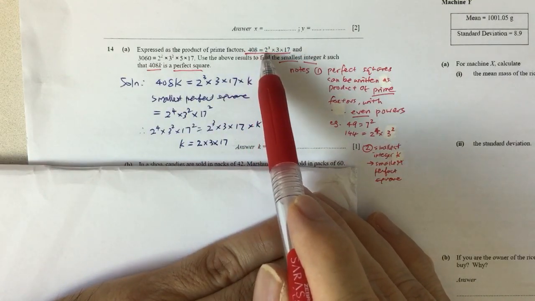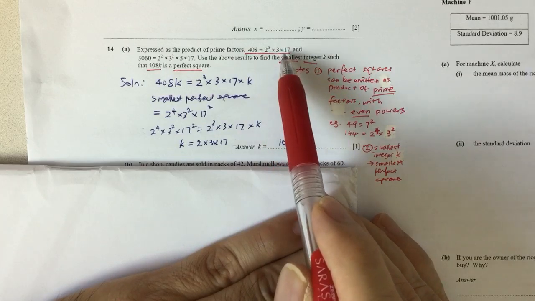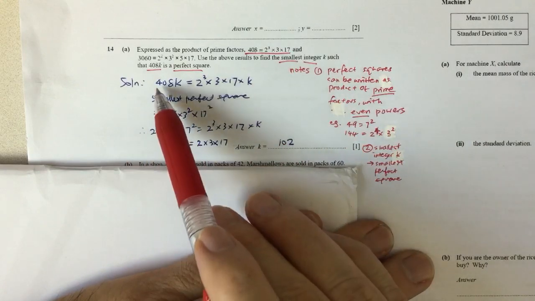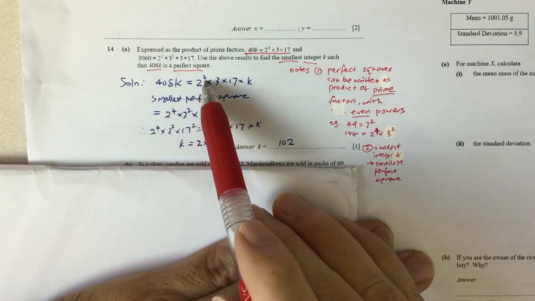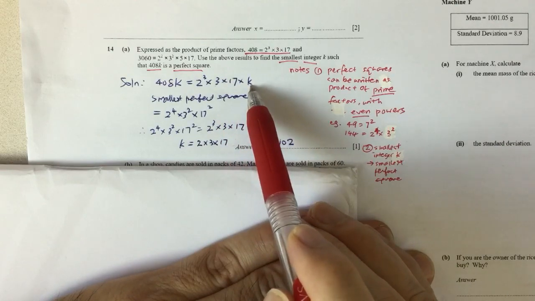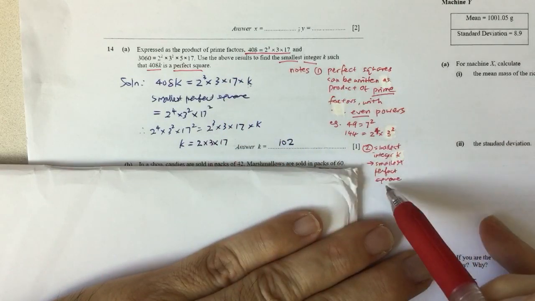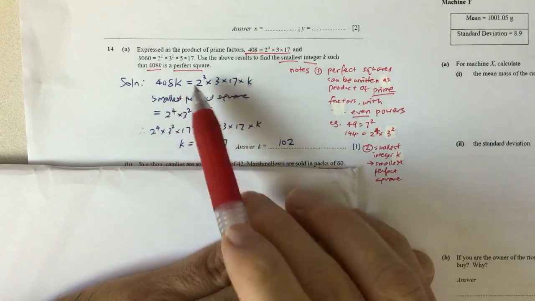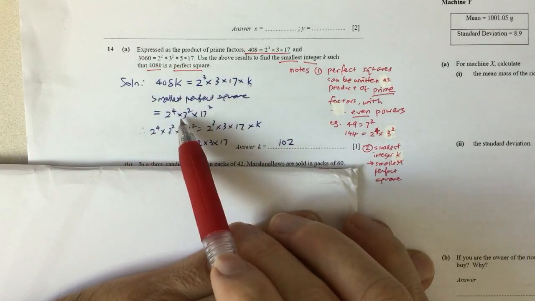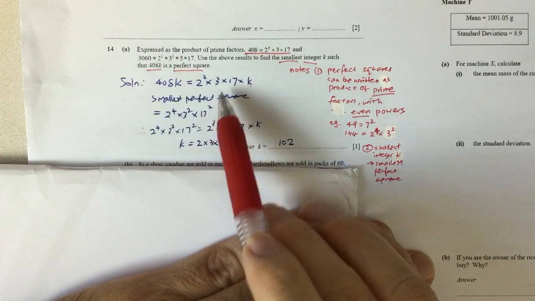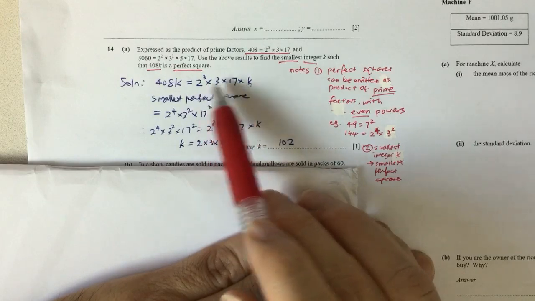408 is 2 cubed times 3 times 17. So in order to have a perfect square, we will have 408k written as 2 cubed times 3 times 17 times k. Remember, we are looking for the smallest perfect square. The smallest perfect square following this number will be 2 to the power 4 times 3 squared times 17 squared, because these numbers have no square.